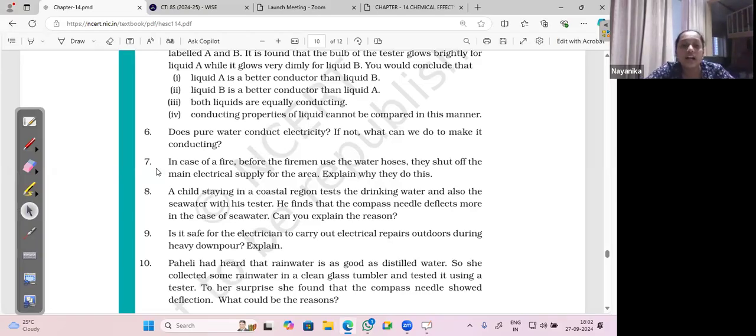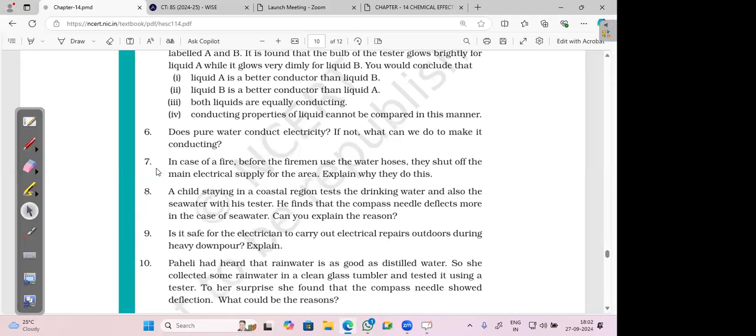Because of that dust and salt, when it is downpouring, that water is a little over or under the pH of 7, which will cause it to conduct electricity, and it is unsafe for the electrician to fix the outdoor electrical items.